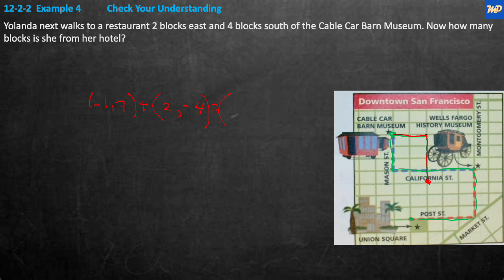We're going to get negative 1 plus 2 is 1, comma 7 minus 4 is 3. So she is now at 1 comma 3. That's 1 block east, 3 blocks north. Let's see if it is. Here's where she started. Here's 1 block east. Oh yeah, there she is, and 1, 2, 3. She's 3 blocks north, right here. 1 block east, 3 blocks north, and there's the math for it.